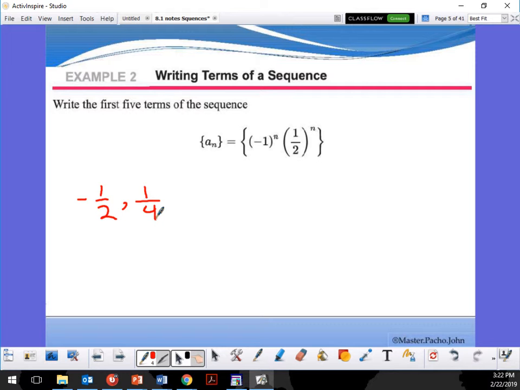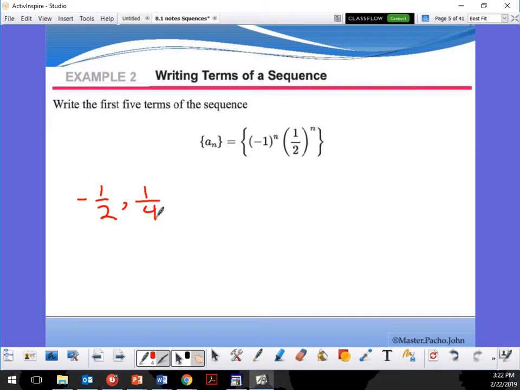An odd integer is going to give me a negative, while an even integer is going to give me a positive. That's the terminology I want you to try to use, because it's going to ask the same type of questions. The book is even going to say something like that.